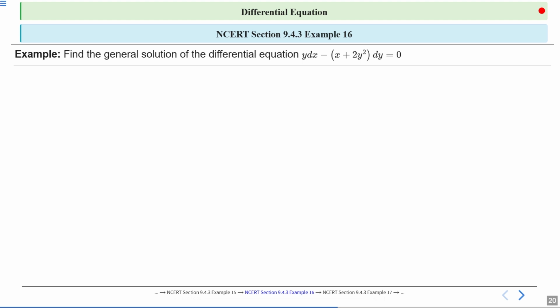So the next example is: find the general solution of the differential equation y dx minus x plus 2y square dy is equal to 0.